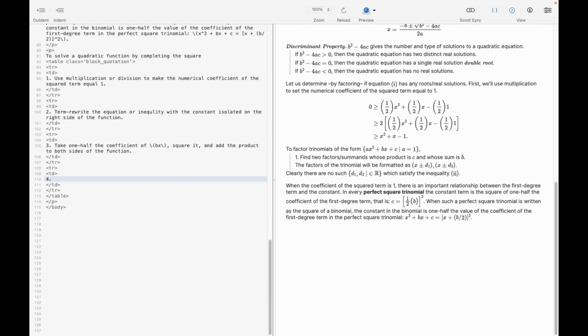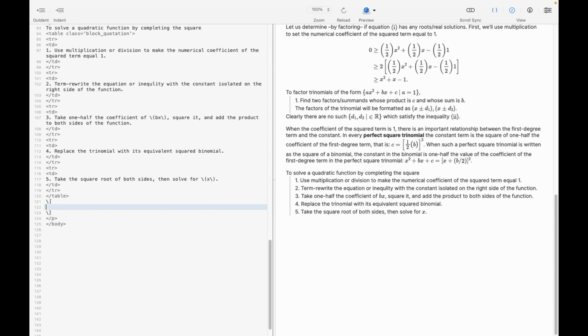And then, we'll take 1/2 the coefficient of bx, we'll square it, and add the product to both sides of the function. Next, we will replace the trinomial with its equivalent squared binomial. And then lastly, we'll take the square root of both sides and then solve for x.